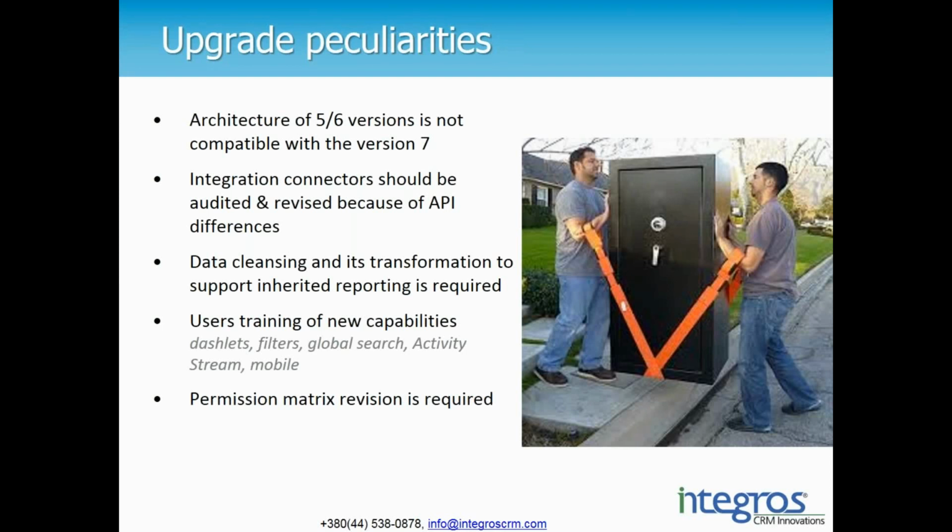This means that all the customized code will need to be revised. The same goes for integration connectors from the Sugar data connection side. The issue arises because of changes of the data structure. The architecture affects API calls used for data exchange.